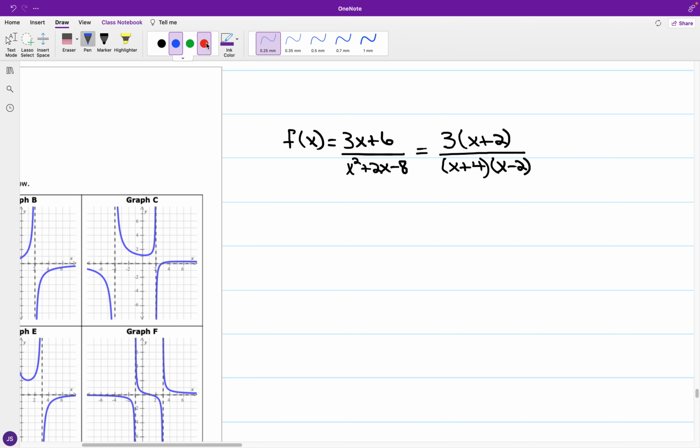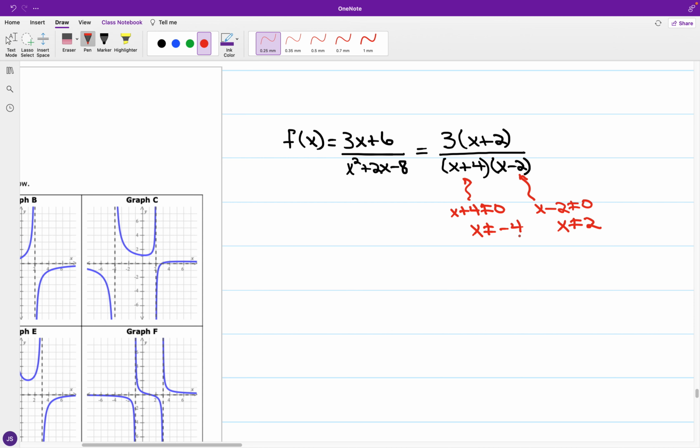Technically, x plus 4 cannot be 0, so x cannot be negative 4, and x minus 2 cannot be 0, so x cannot be equal to 2.